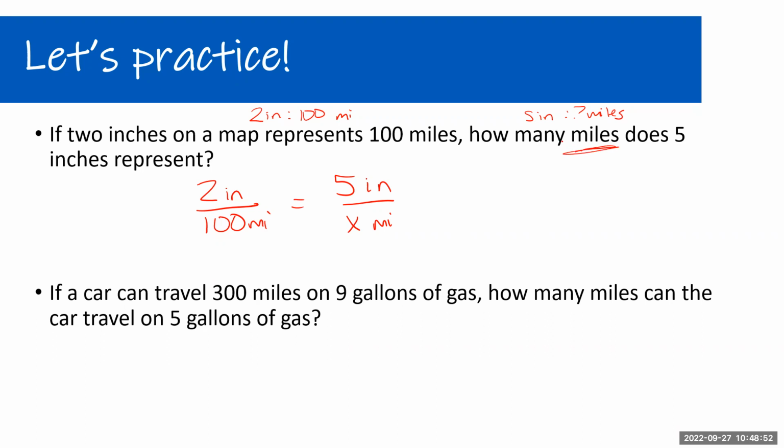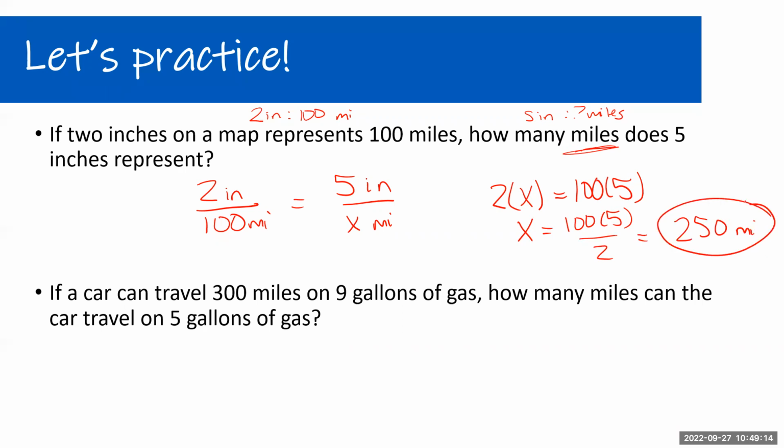Okay. So I know that 2 times X is going to be 100 times 5. My X is going to be 100 times 5 over 2, which is going to give me 250 miles. Okay, so if 2 inches represents 100 miles, then I know that 5 inches is going to represent 250 miles.